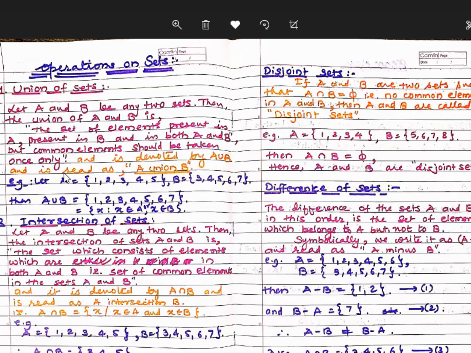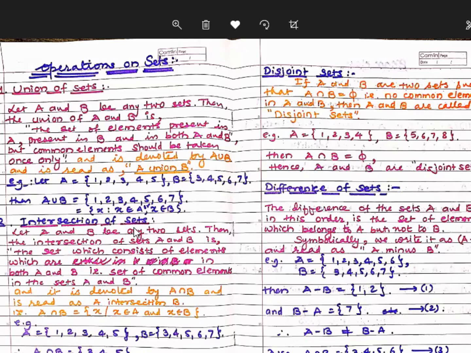See the difference between these two, union as well as intersection. Union contains all elements present in A as well as in B; that is, elements present only in A, only in B or in both. All elements should be taken in the union of two sets. Whereas in the case of intersection of two sets, only the common elements should be collected together.